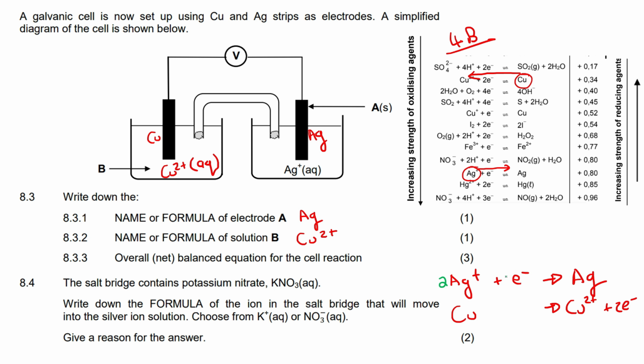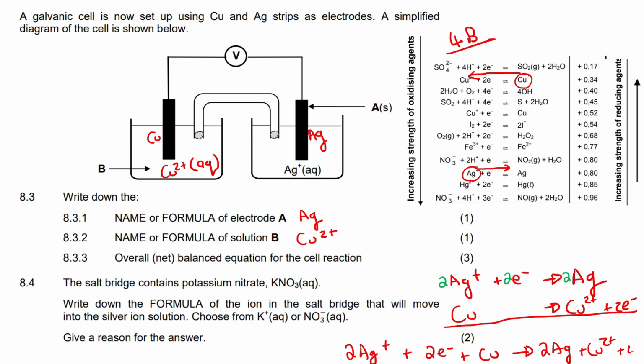So I'm going to put a 2 there, a 2 there, and a 2 there. Now we can simply add these two reactions together, and so it ends up becoming 2Ag+ plus 2 electrons plus copper, and then on the right hand side of the arrow we've got 2Ag plus copper 2+ plus 2 electrons. Now the electrons cancel, and that's the point of getting them the same, and so that is our balanced equation for 3 marks.